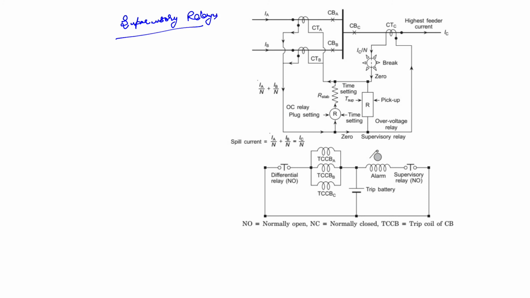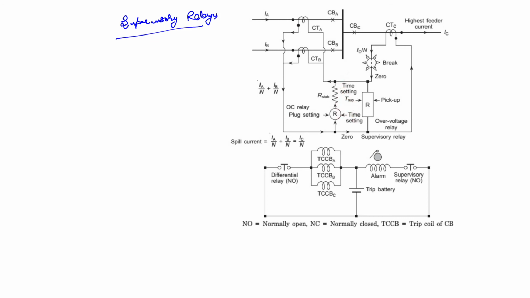The figure here shows the normal load being supplied by the feeders, and there is a break of the pilot wire coming from this CT C. This will cause a spill current equal to the current that was contributed by CT C before the break occurred, as shown in the figure.